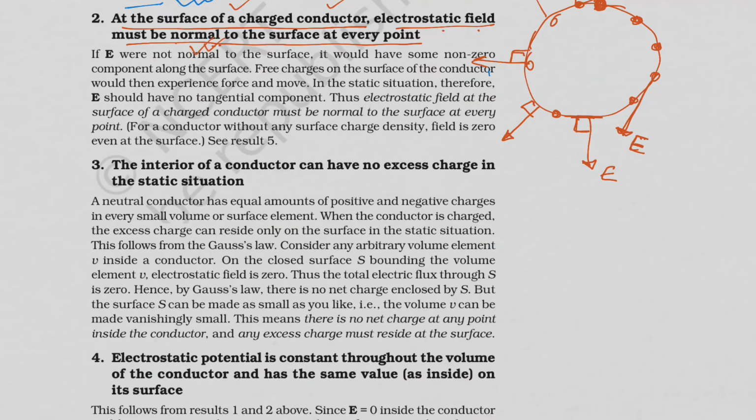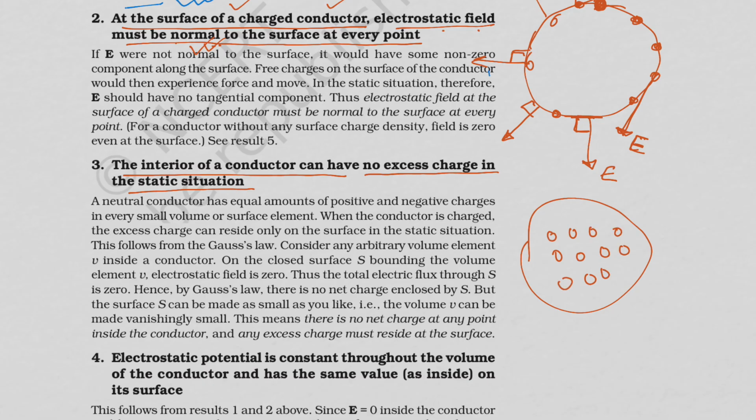All right. Our third result is that the interior of a conductor can have no excess charge in the static situation. Very simple. We have already discussed this. If there is a conductor and there are free electrons inside, these free electrons will exert force on each other, or there may be external electric fields, and forces will be exerted on each of the free electrons, or the charge carriers, as we say.